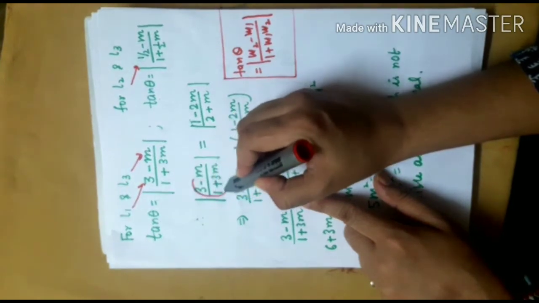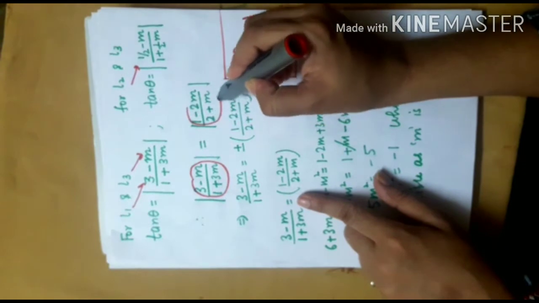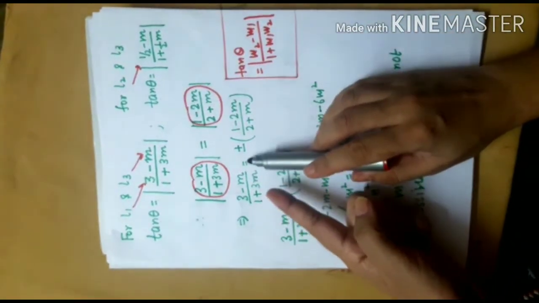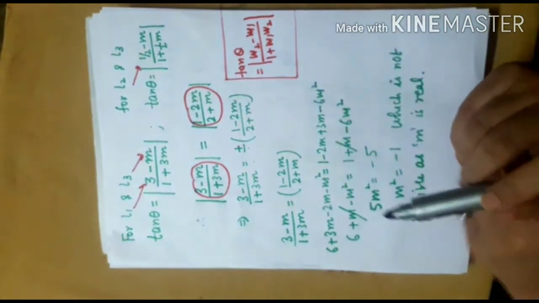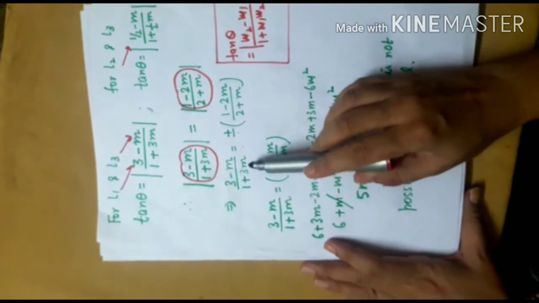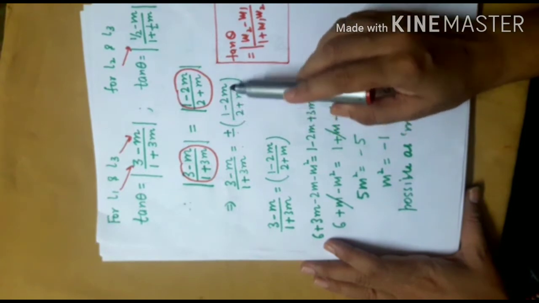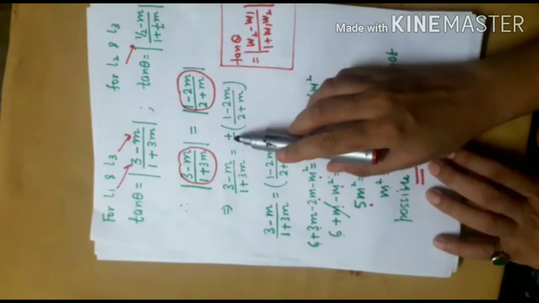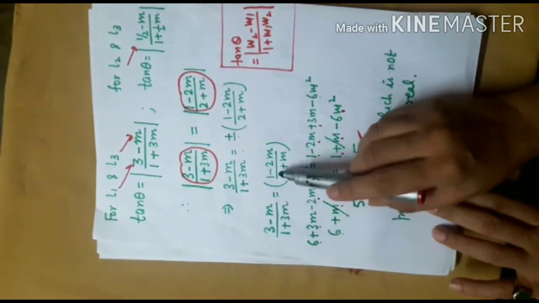Now, the absolute value of this number is the same as the absolute value of this number. So this number will be equal to plus or minus of this number. So here I'll get 3 minus m over 1 plus 3m equal to plus or minus 1 minus 2m over 2 plus m. First I take the plus sign and I solve these two.